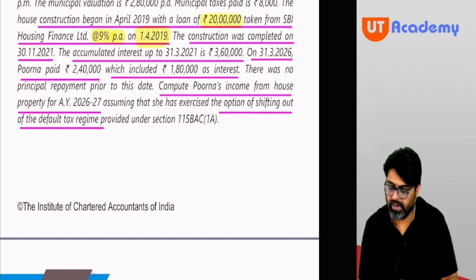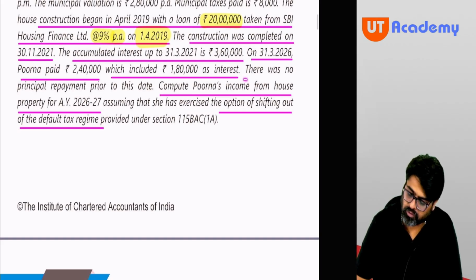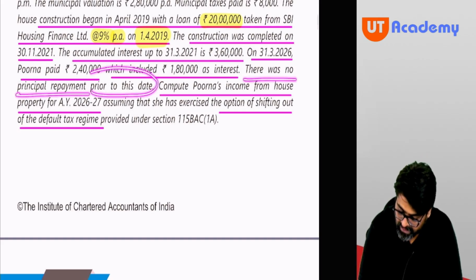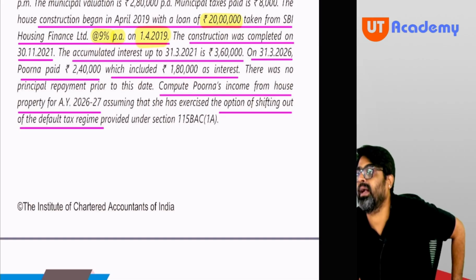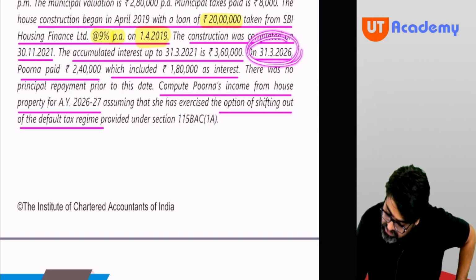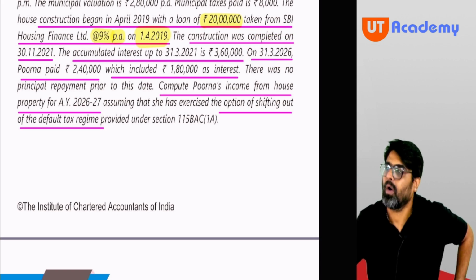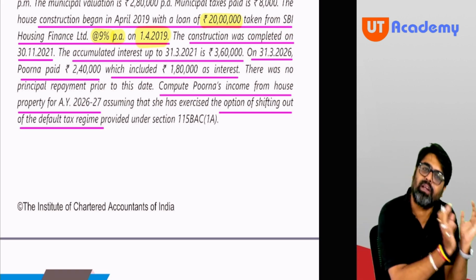See, even if they are saying that there was no principal repayment prior to this date, meaning that on 31st March, whatever payment is made, in that payment 60,000 is principal.